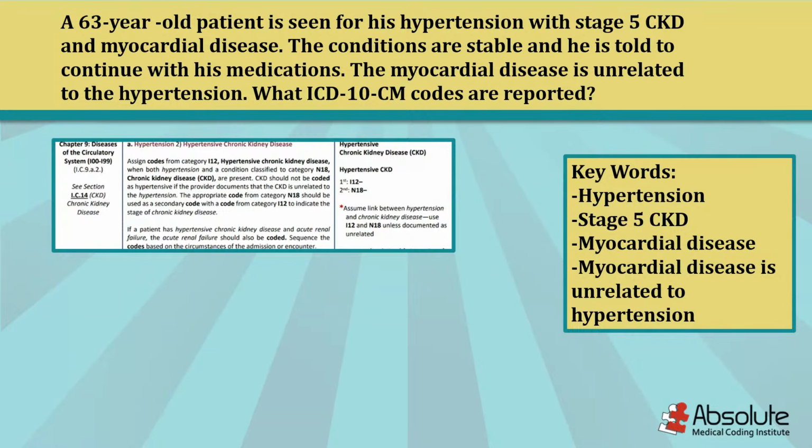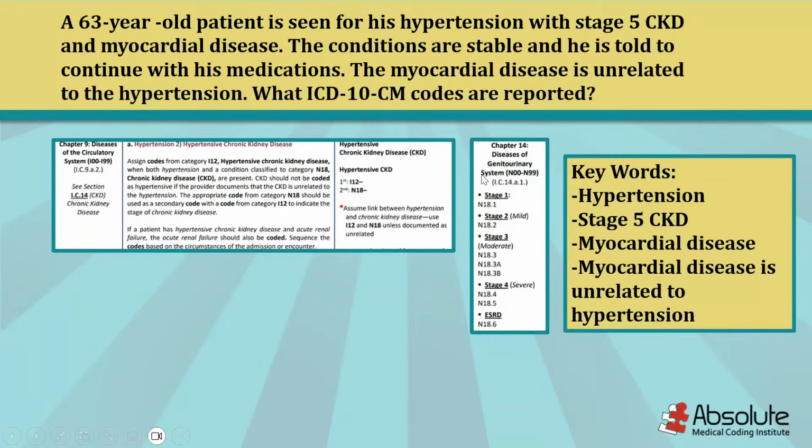It's only saying that the myocardial disease is unrelated to the hypertension. So following these guidelines in this sequencing, first we are going to take a code from category I-12. We're also going to be focusing after that on a category from N18.